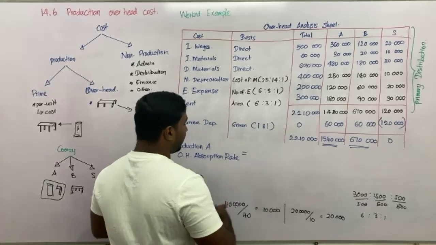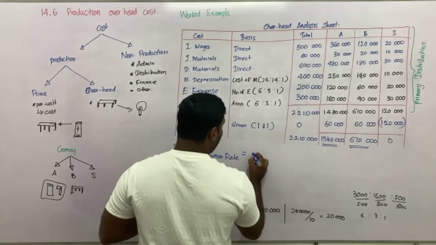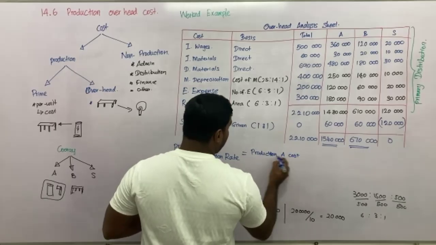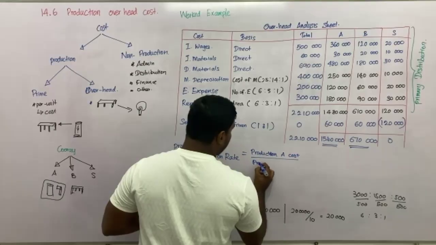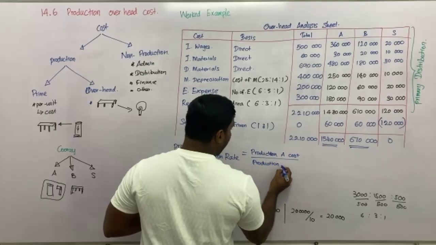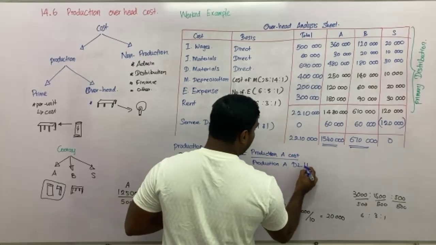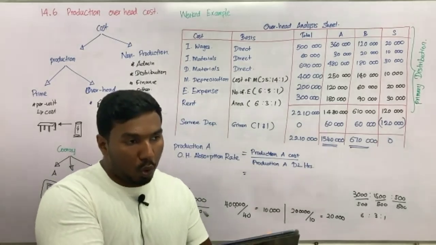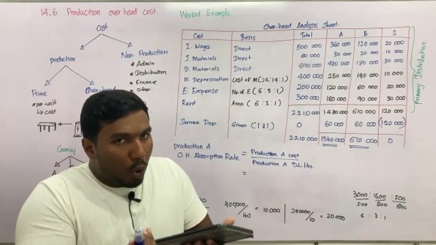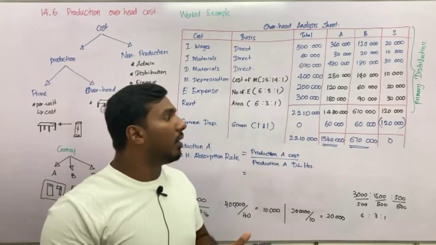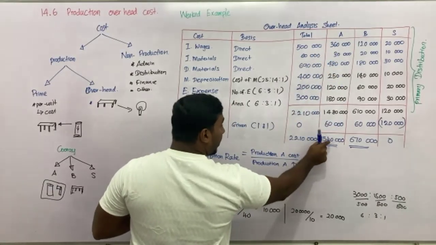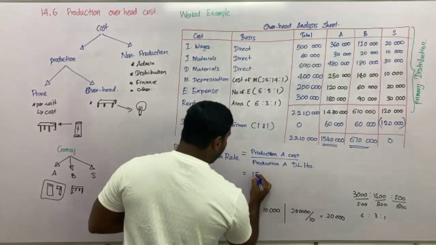We'll say production A cost divided by production A direct labor hours. Okay, because in the question they say we have to absorb the overheads based on the direct labor hours. So production expenses will be 1,540,000.